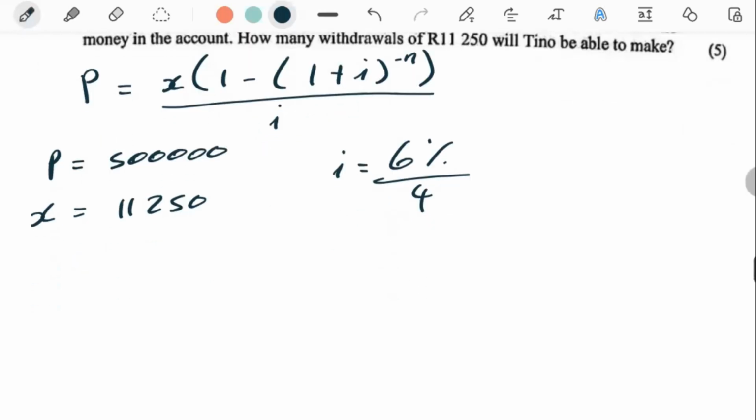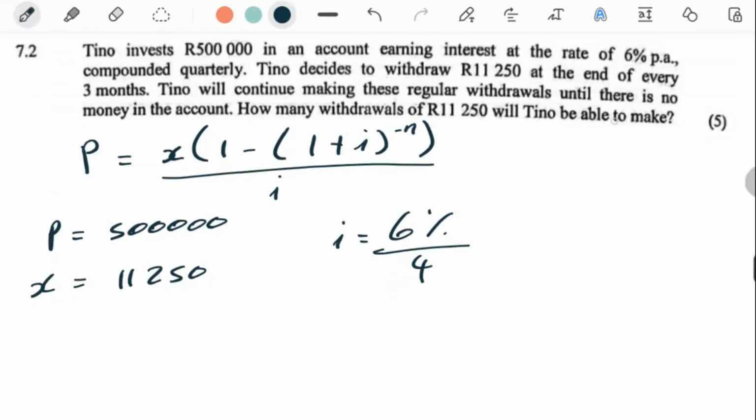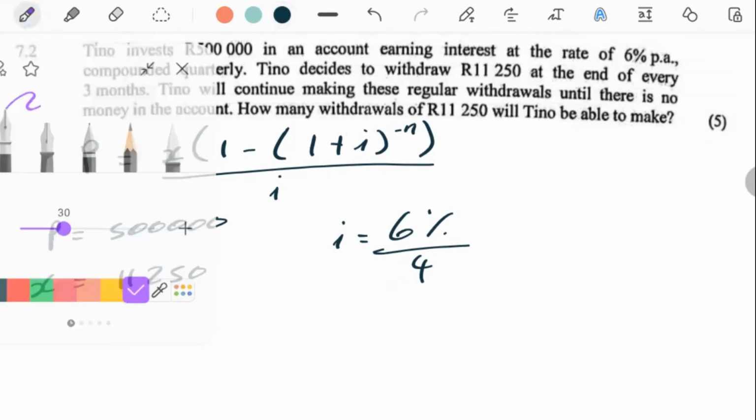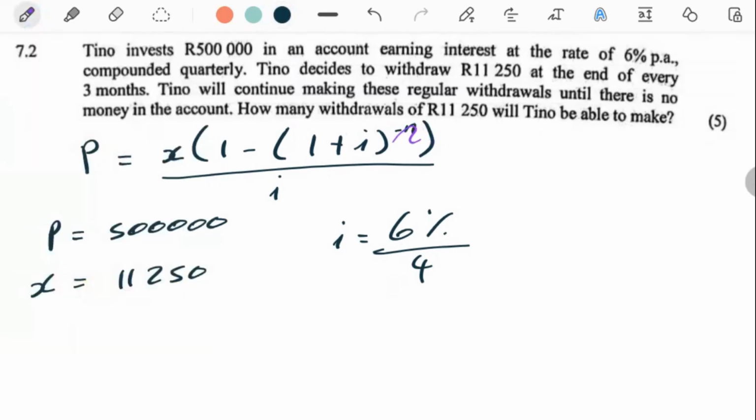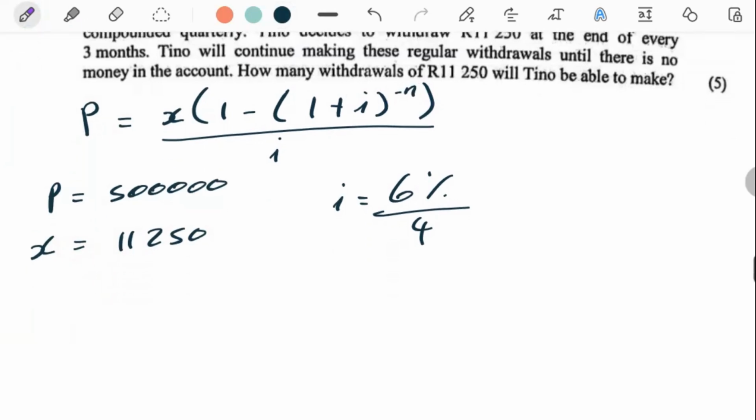So that's all the values we need in this calculation. So how many withdrawals? It means you have to work out a value of n. So what you need to be careful of is that where you see n in our formula, we would put 4 times the number of years.